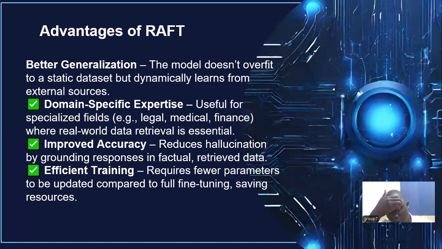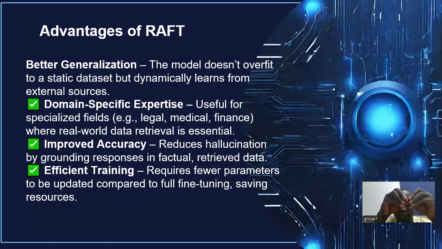Then, talking about improved accuracy. Here, the model can do what they call hallucination. That is generating misleading or false information.